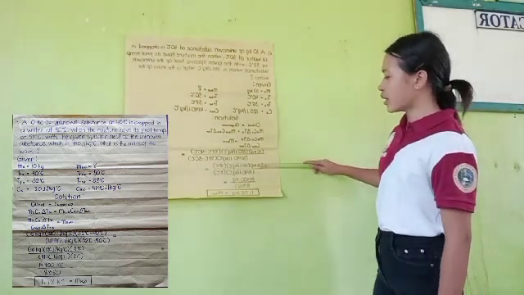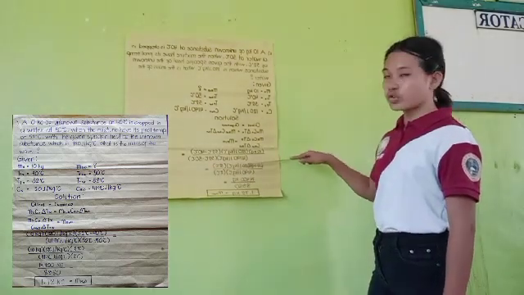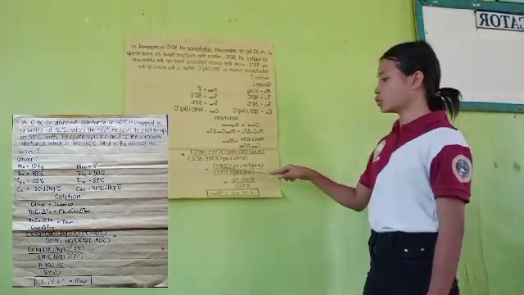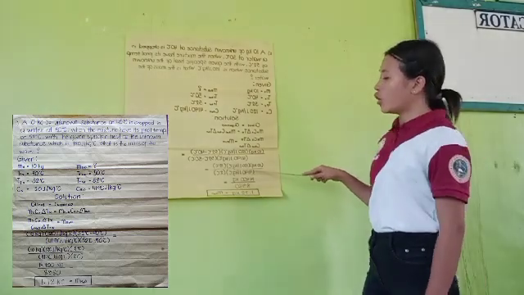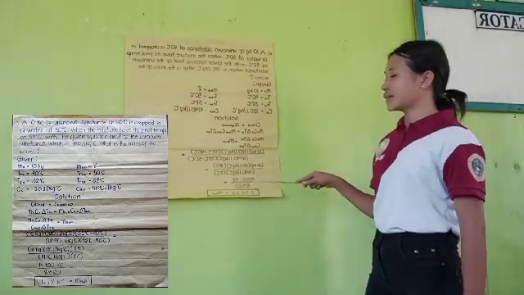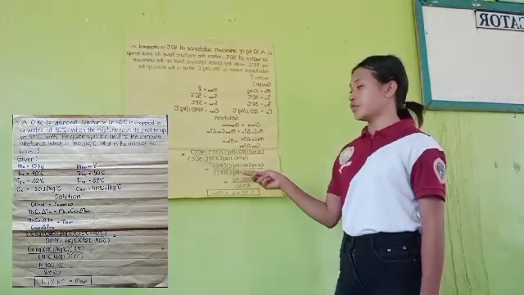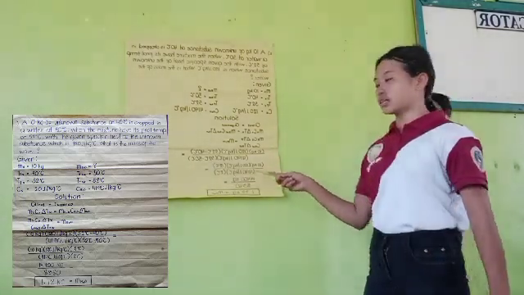Copy 10 kilograms times 120 joules per kilogram degrees Celsius times 52 minus 40, which equals 12 degrees Celsius, over 4,190 joules per kilogram degrees Celsius times 52 minus 50, which equals 2 degrees Celsius.